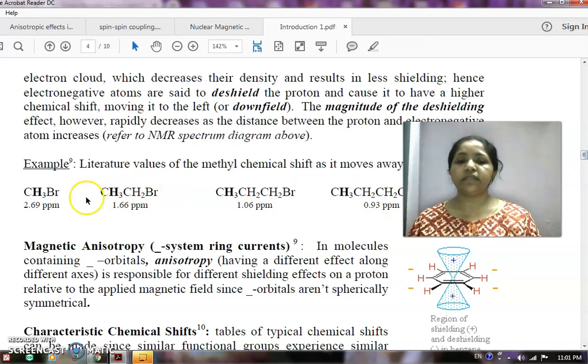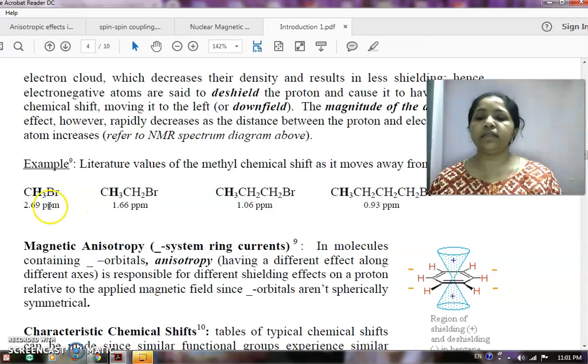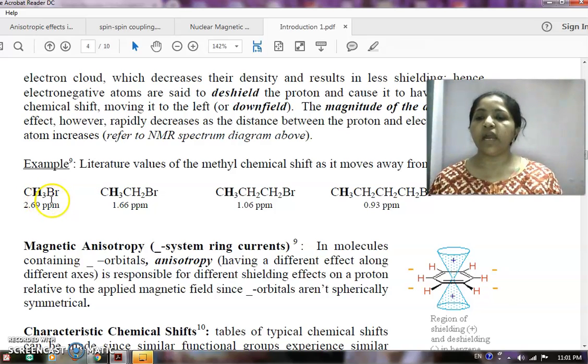Supposing we take this example. Here what you see is CH3Br. Now what will be the comparison? These hydrogens are bonded to this carbon, and this same carbon is bonded to bromine. This bromine has electronegativity, so this hydrogen becomes de-shielded, and therefore the energy required is more.